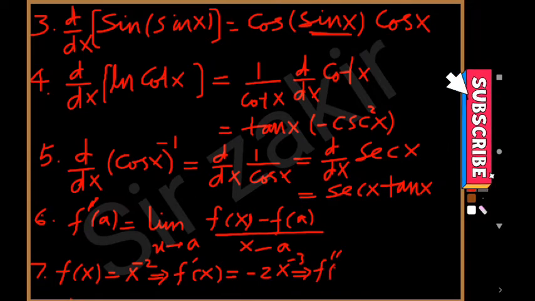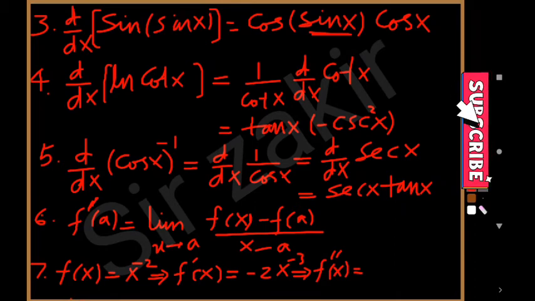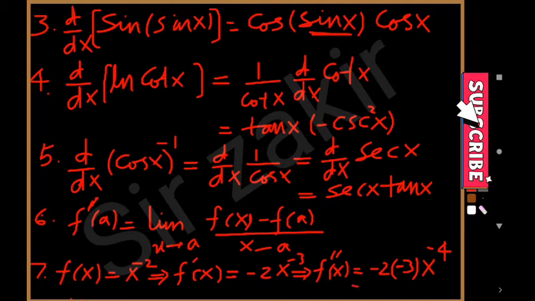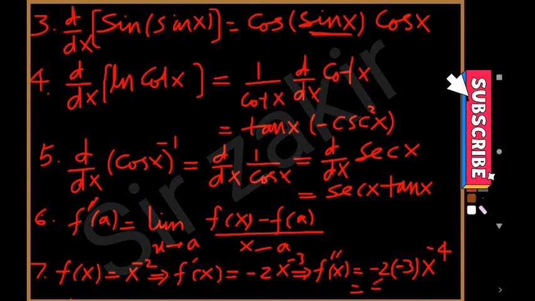F double prime: we bring the power minus 3 in the beginning, and the coefficient minus 2 is already there. The power becomes a coefficient, so minus 2 times minus 3, and power minus 1 makes minus 4. So finally it will be 6 x power minus 4, or we can shift x power minus 4 to the denominator to make the power positive.